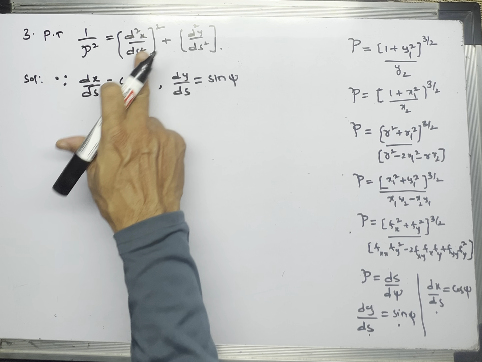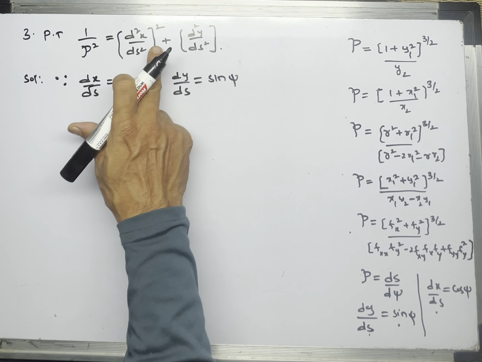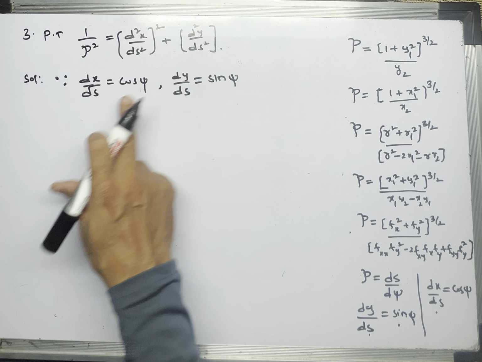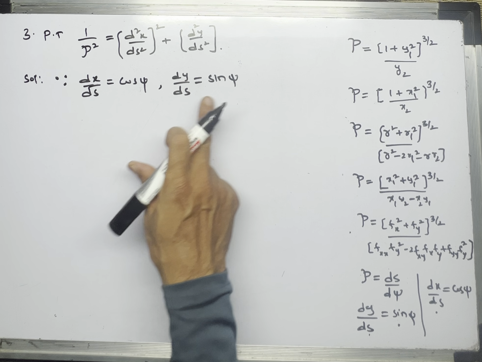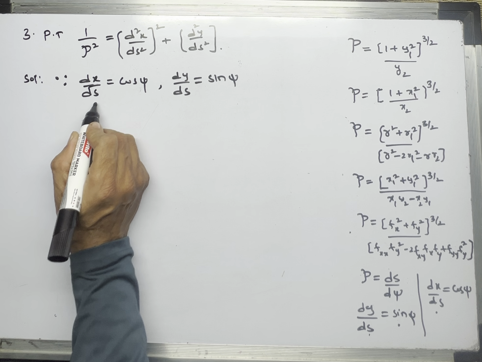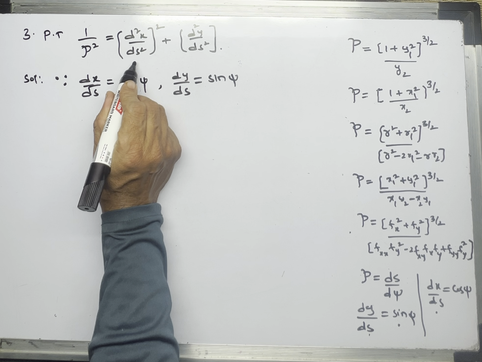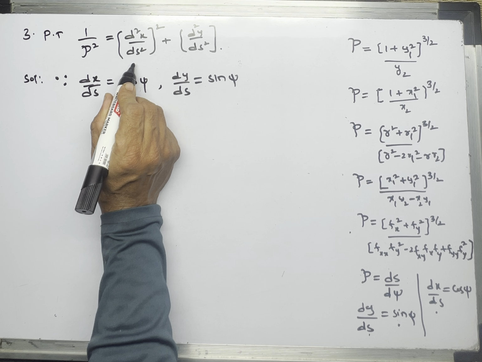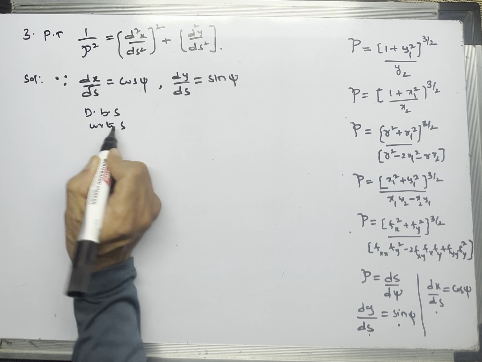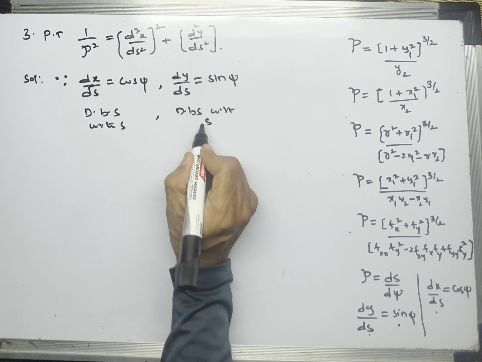By seeing these two terms, leaving the higher second order derivative, we have dx by ds here and dy by ds here, and we know that these two values are cos psi and sin psi. Once we get these, I am differentiating again, with respect to s, on both sides.